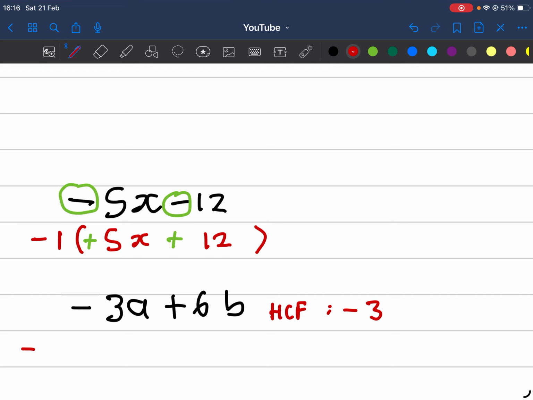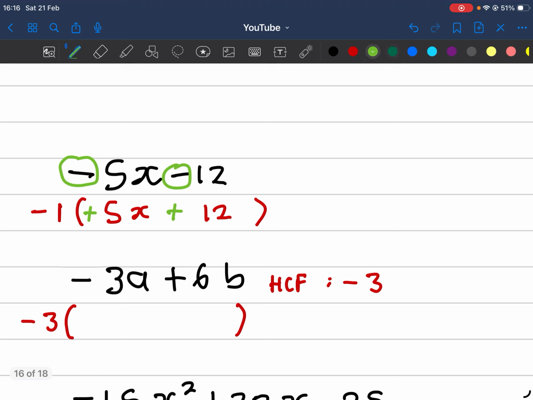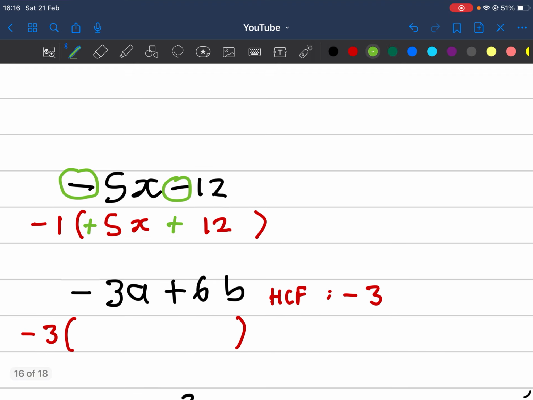So if you do that, negative 3, and now if you go ahead and do negative 3a divided by your highest common factor negative 3, your answer is going to be negative divided by negative is positive, 3 divided by 3 is 1a.